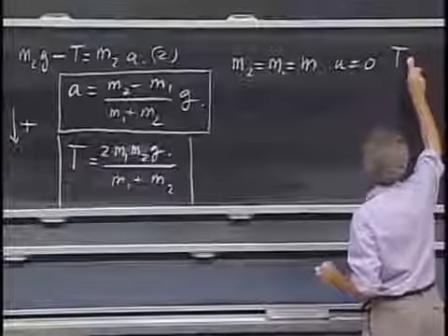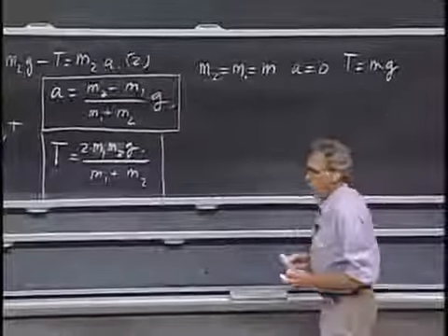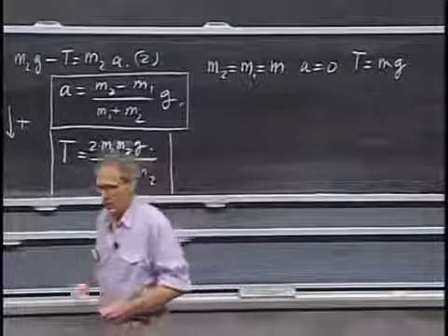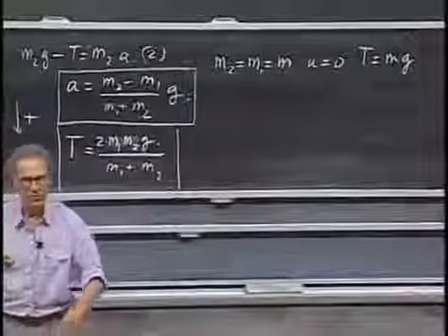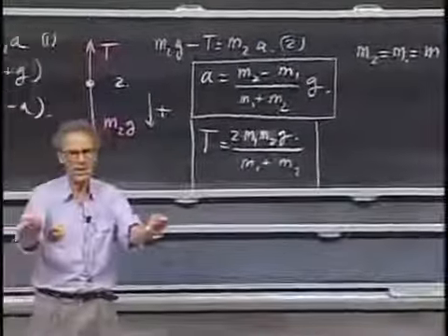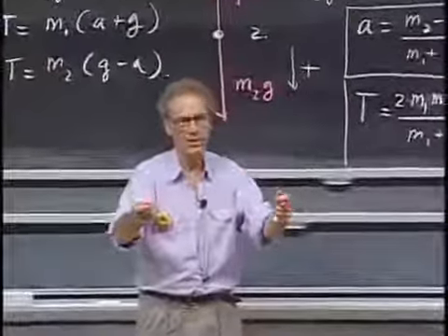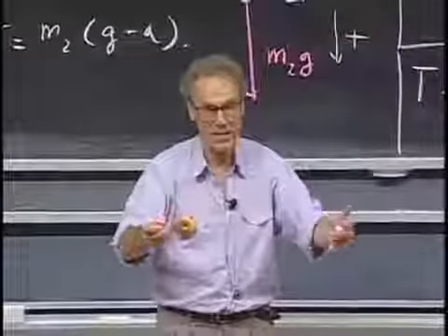So T becomes mg. That is utterly obvious. If m1 and m2 are the same, nothing is going to happen. They're going to sit there, the acceleration will be 0, and the tension on both sides, which is always the same, we argued that, is going to be mg.